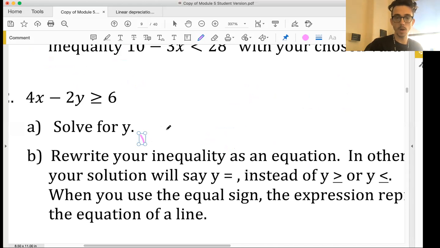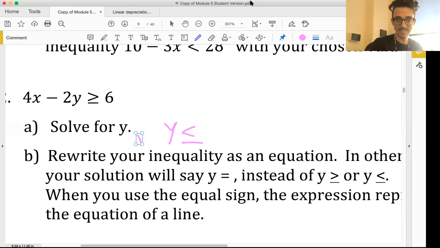So when it says solve for y, we should be saying we got y is less than or equal to, well, we wrote this out. You should already have it, honestly. What was this? 2x. And what else? -3.